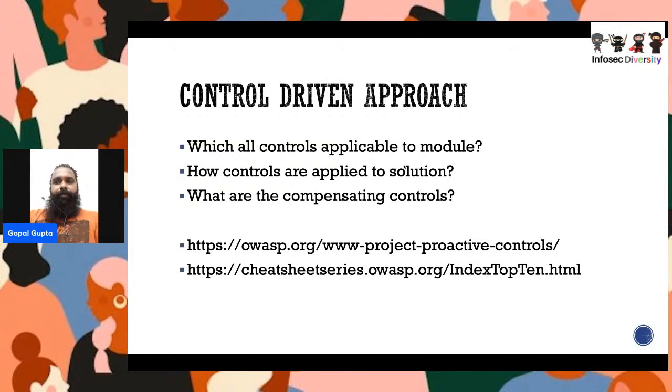The other example could be cryptography. If you have a cryptographic control, such as data encryption, there can be data encryption at the channel level. If your data is being transmitted from your customer to your environment, TLS communication is one thing.